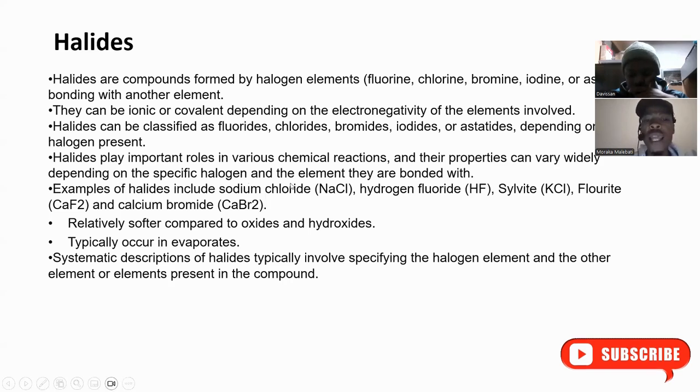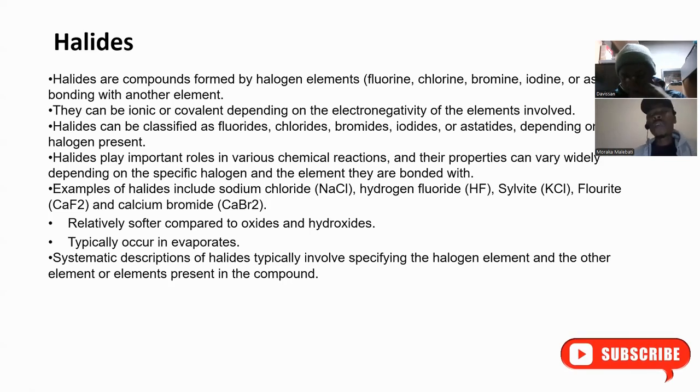So examples of halides will be sodium chloride, the table salt we are most familiar with, hydrogen fluoride, and then sylvite. So you can now see that every halide has the halogen group: chlorine, fluorine, bromine, bonding to at least one element.